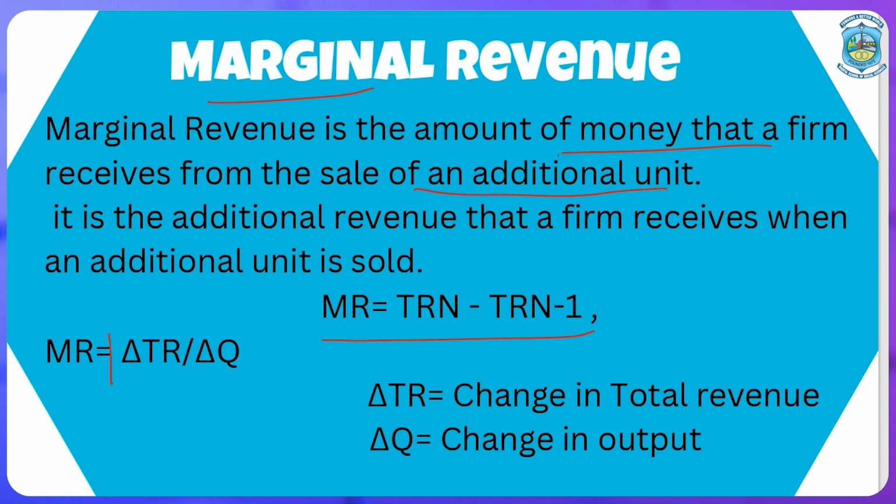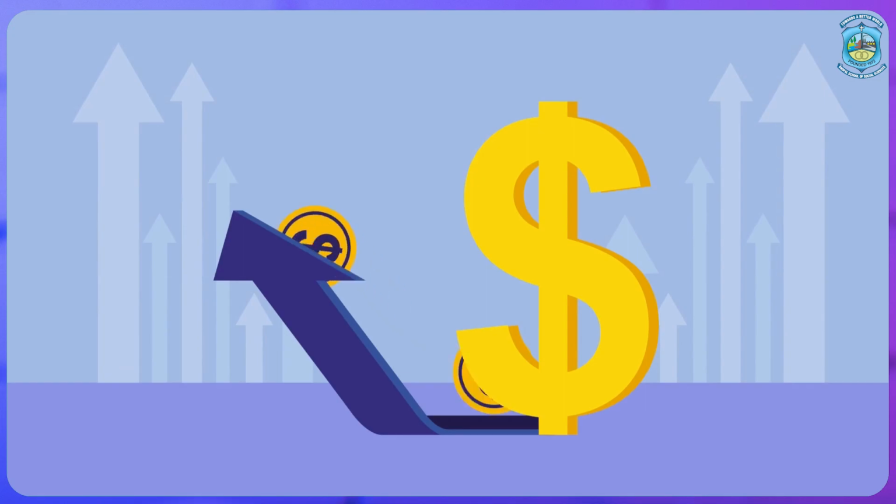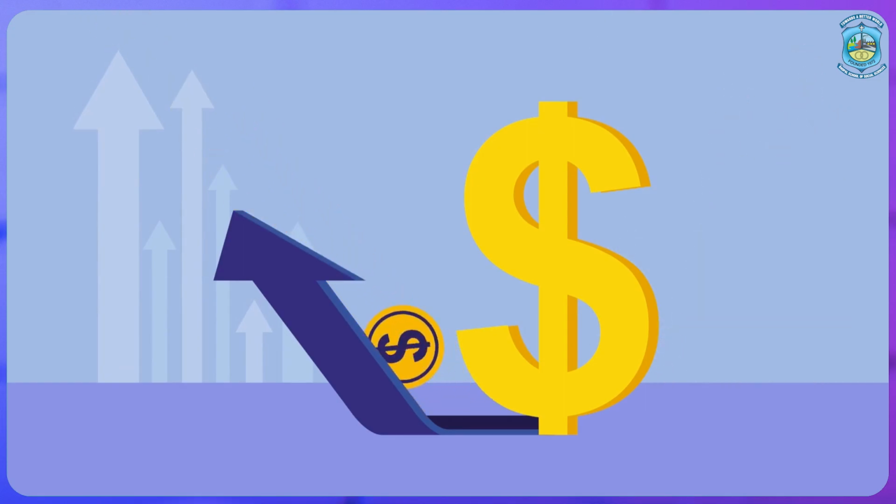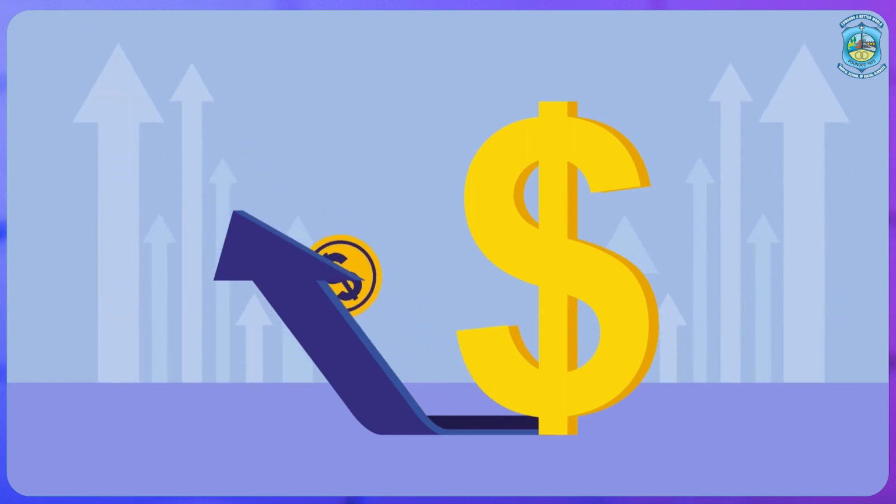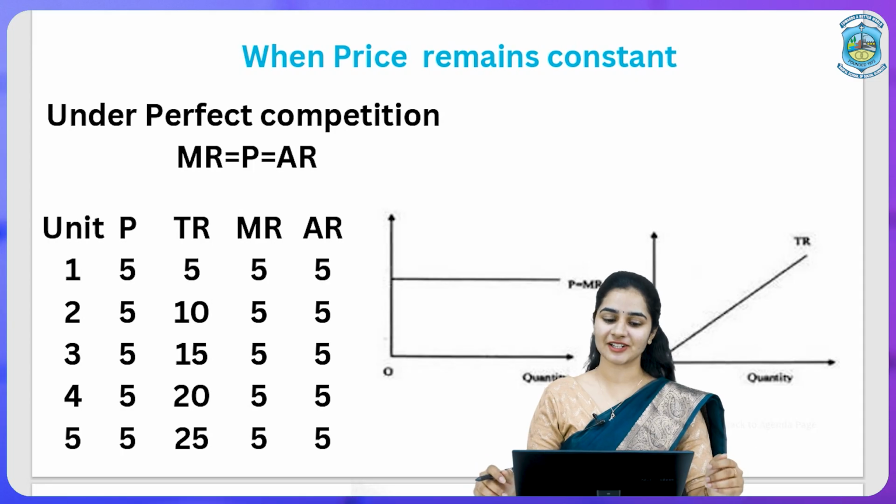It can also be calculated as delta total revenue upon delta quantity. Here the word delta means the change in the total revenue upon the change in the output. Now let us try to understand the behavior of average revenue, marginal revenue and total revenue under different conditions.